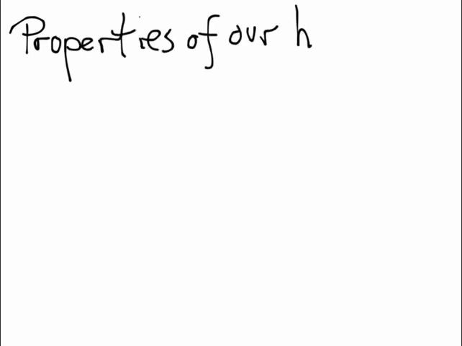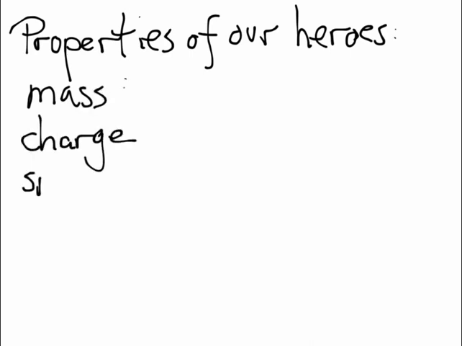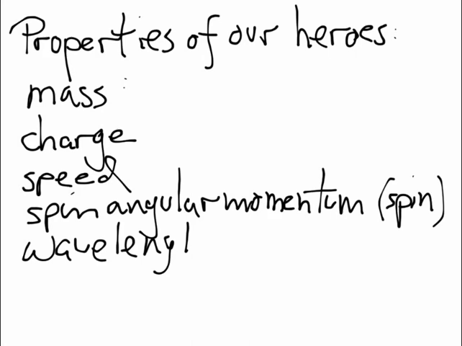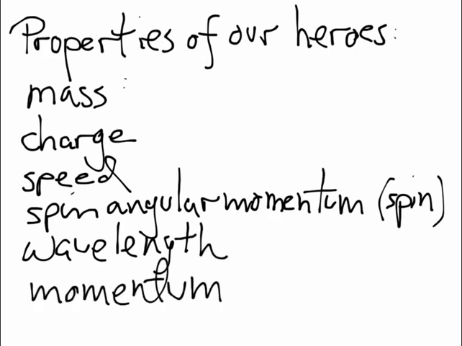Now for these three heroes, there are 6 properties that we're going to need to understand to really identify and play with how these heroes behave. Some of them are pretty normal: mass, charge, speed. Then we get a thing that we're going to call spin angular momentum, which is a pure quantum mechanical property we often call spin. Everything, as we'll see, is going to have a wavelength because it's wave-like.